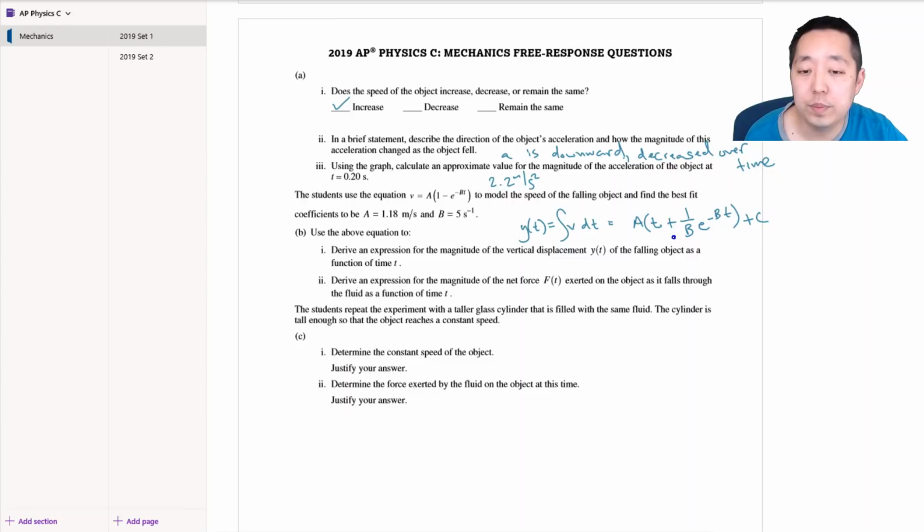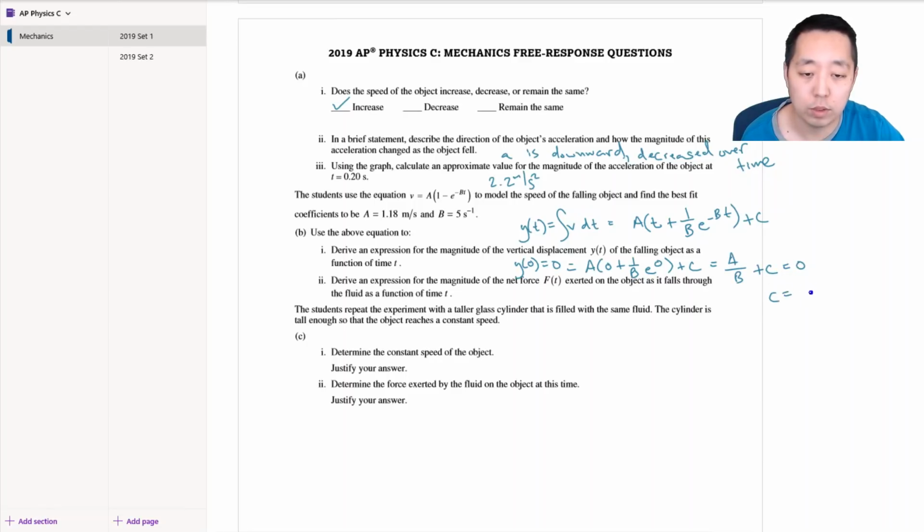And the magnitude of the vertical displacement. We would want to say that the vertical displacement at 0 is equal to 0. To find this constant, I would say a times 0 plus 1 over b e to the 0 plus c is equal to 0. e to the 0 is 1, so this is a over b plus c equal to 0.